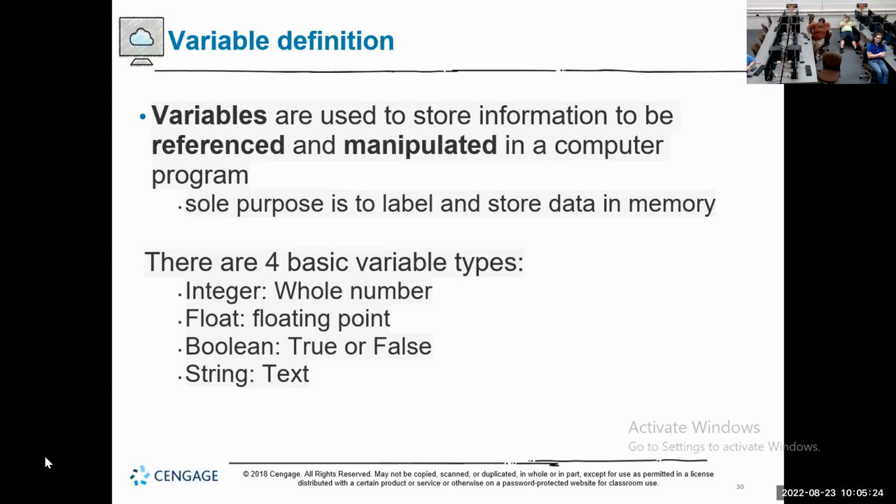So, the definition of variables: they are used to store information to be referenced and manipulated in a computer program. The sole purpose of a variable is to label and store data in memory.